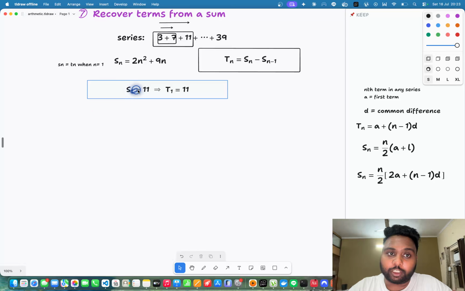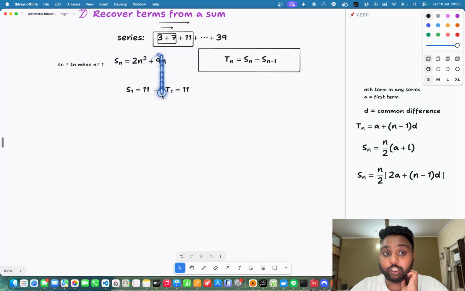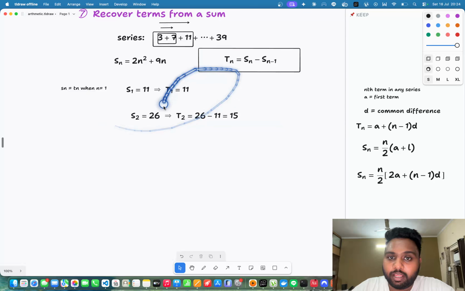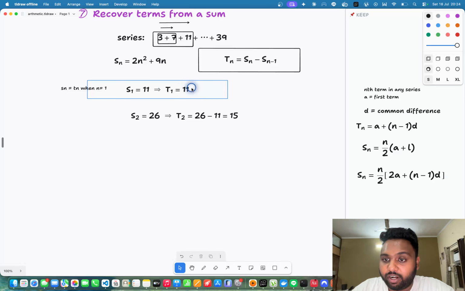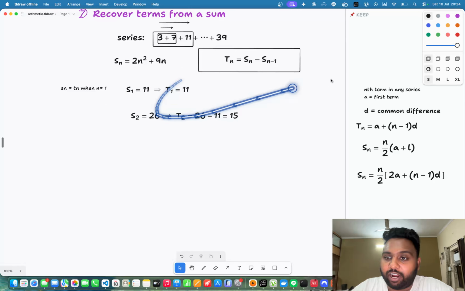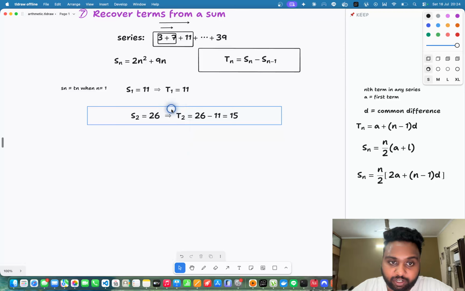If I substitute n equal to 1, I will get 11, which is going to be equal to T of 1. Right? Now, as I have T of 1 and I have the Sn formula, based on T of 1, I already know what my value of a is. And based on that, finding the value of d and all the subsequent terms is not very difficult.